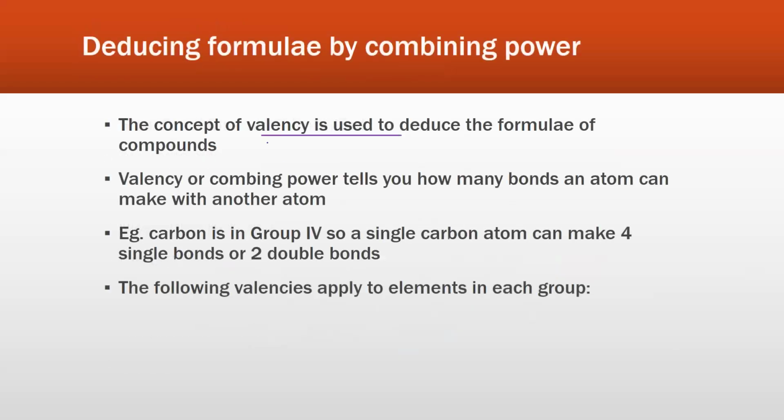The concept of valency is also used to determine the formula of the compounds. For example, अगर मैं कहूँ what is the formula of aluminium fluoride? Is it AlF, is it Al3F, or is it AlF3? Can you tell me?